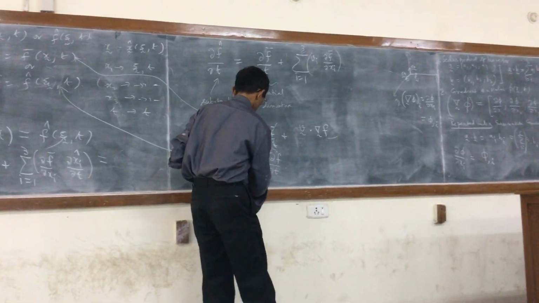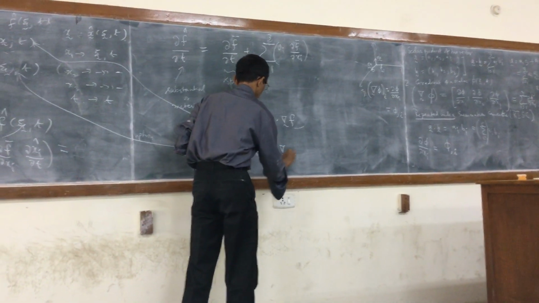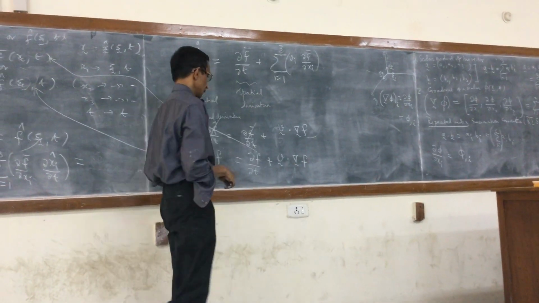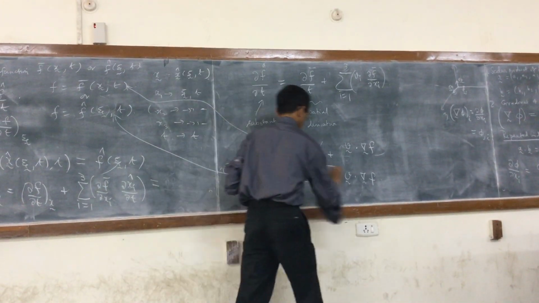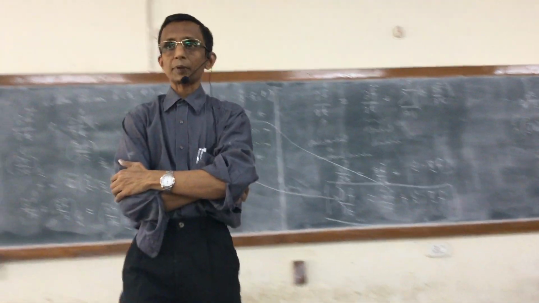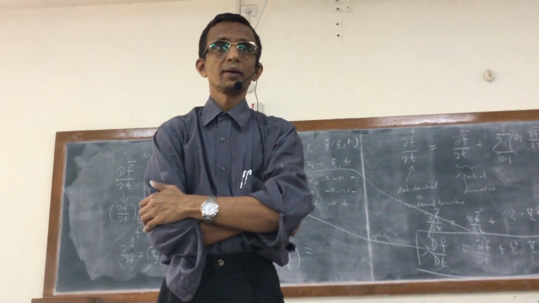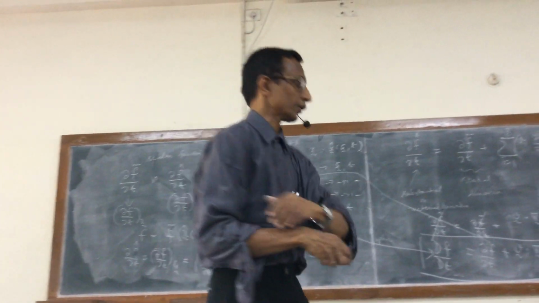And now, after explaining all that, if I write it in this way, this is a very famous and important formula which expresses the substantial derivative in terms of the spatial derivative.